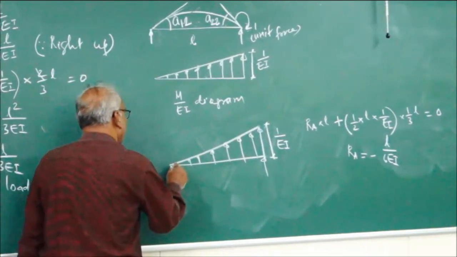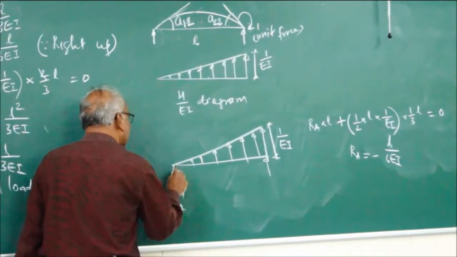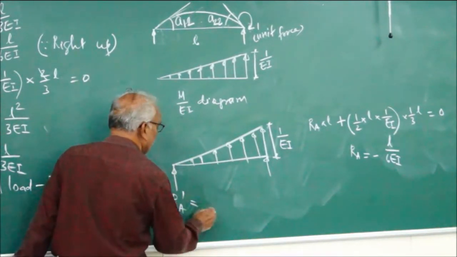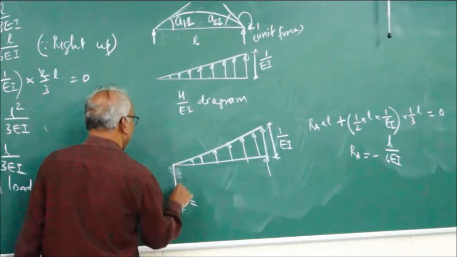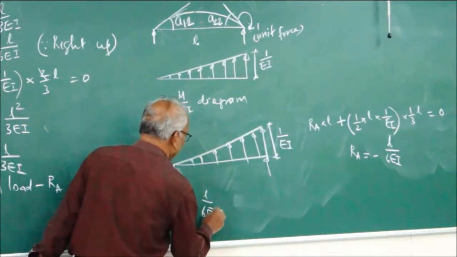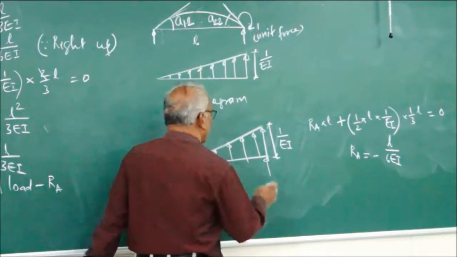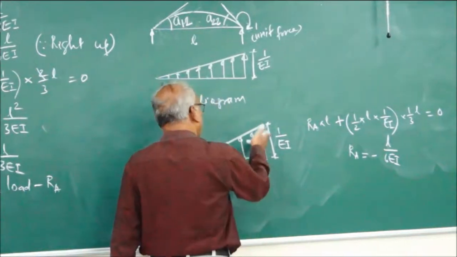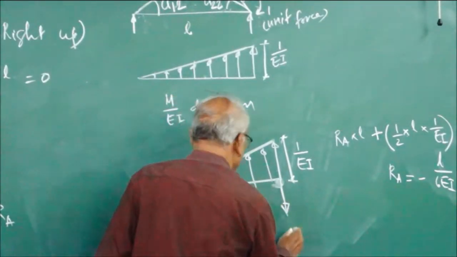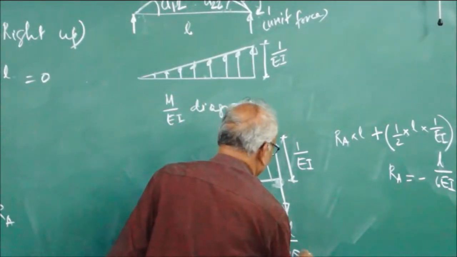Either you can mark the arrow upwards and say it as minus, or RA is downwards. And here it will be upwards.